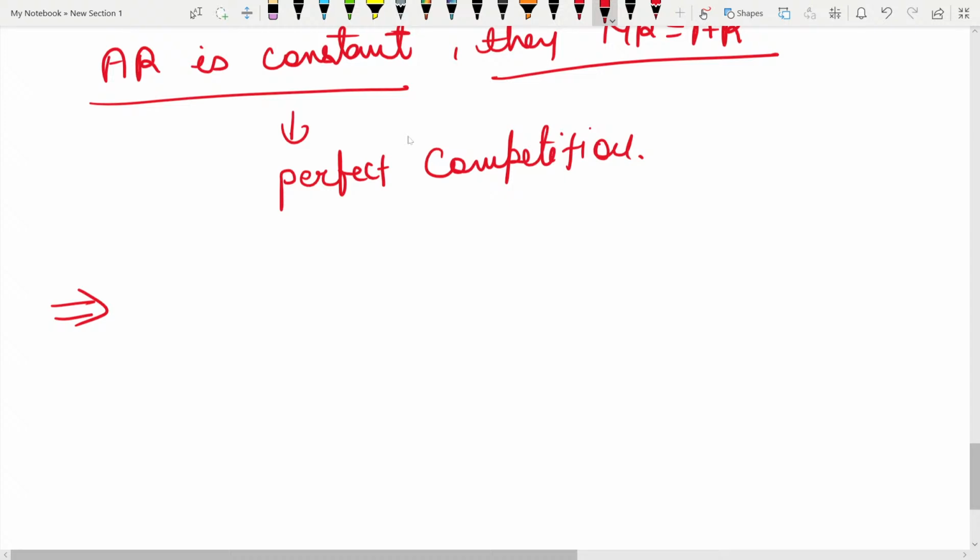Let's suppose MR is, as I told, the additional revenue. As we try to sell one more unit of good X, we get a change in total revenue.